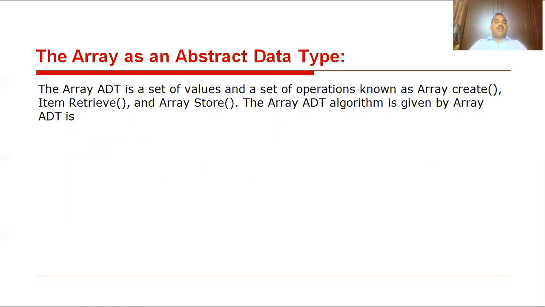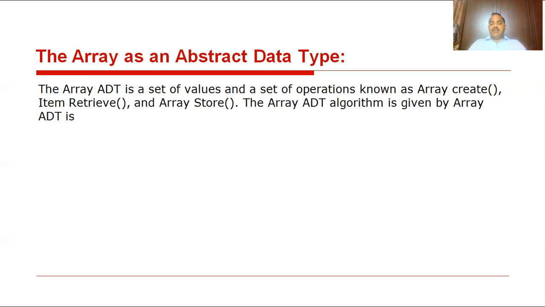For example, what are the operations? Create, retrieve, store, etc. These are all the operations on arrays. Simply, a set of values and a set of operations is known as array abstract data type.